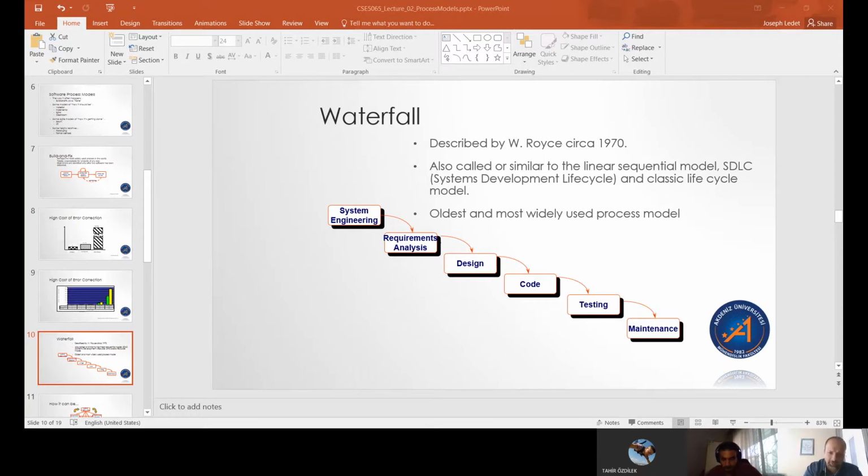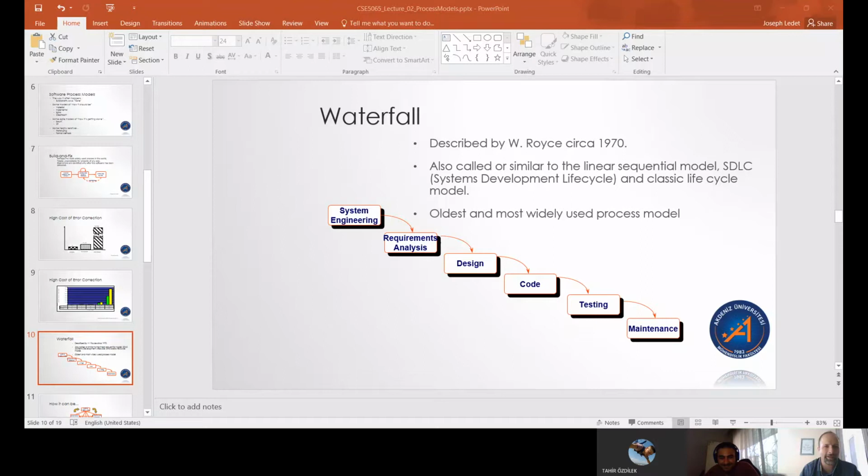The reason why it's called a waterfall is, like I said, we only move into a new phase once we are done with the old phase. So have either of you been to the waterfalls here in Antalya? There's Duden and Kurşunlu, and I can't remember the name of the other one. But you know what a waterfall is, right?